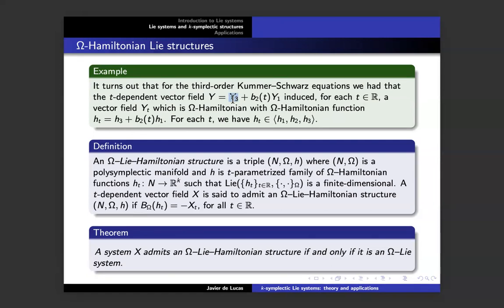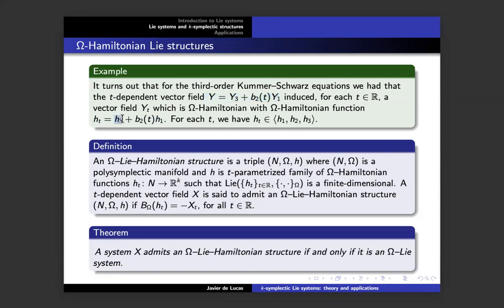It turned out that Y free is the vector field related to an omega Hamiltonian function, h free, and h1, and for each t, this is a Hamiltonian function relative to our omega Hamiltonian structure for this time-dependent vector field.